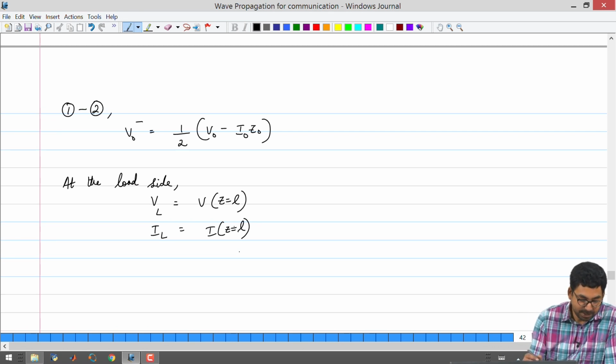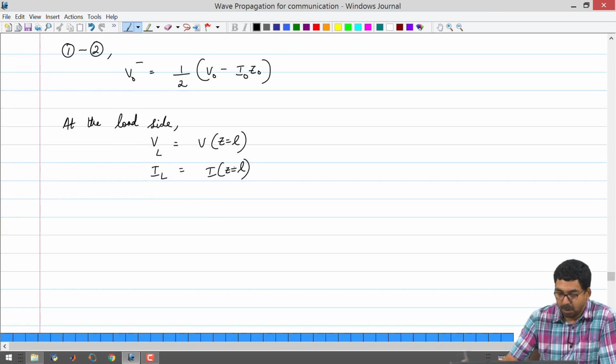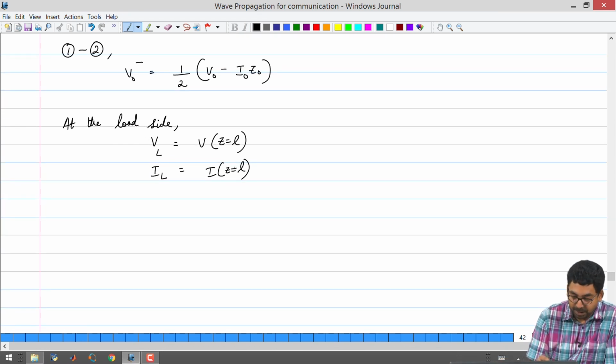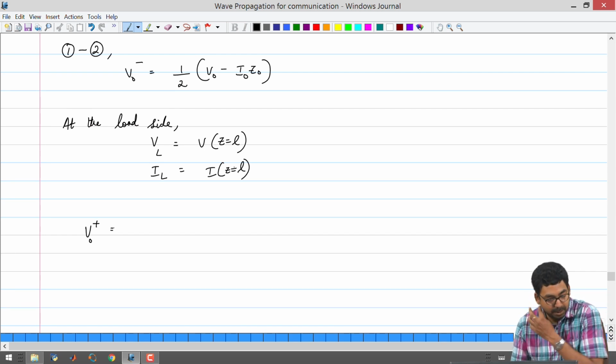So, we can always write down at these positions what my V naught plus and V naught minus would look like. We can say that V naught plus can also be written in terms of VL and IL.